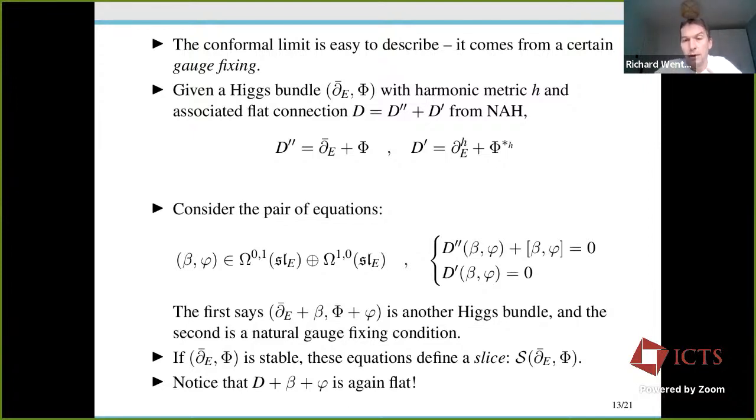And this is interesting because non-abelian Hodge is a very non-holomorphic correspondence between those two moduli spaces, but the infinitesimal version of non-abelian Hodge naturally gives rise to this slice, which is a local holomorphic coordinate for both.